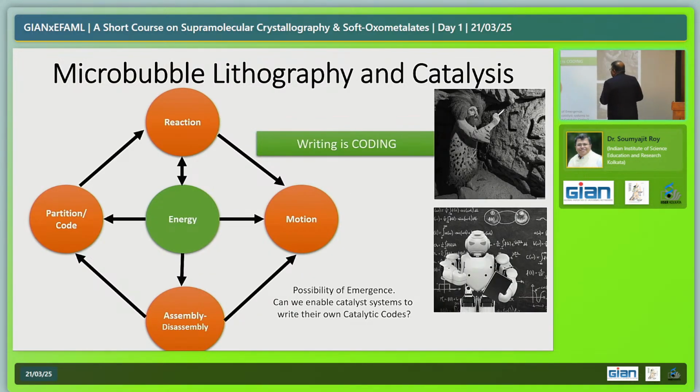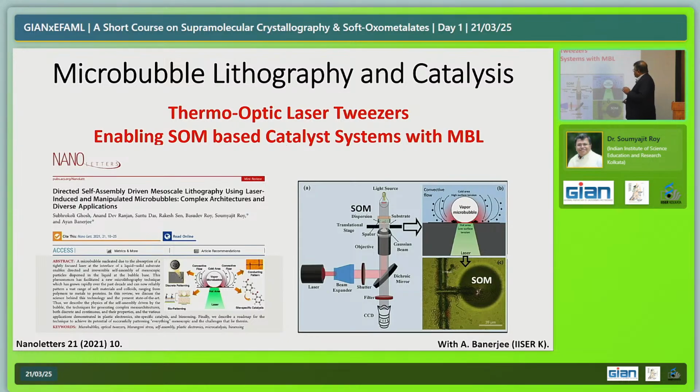So now here writing is coding, and we would like to create the codes by means of creating partitions in there. And we would like the catalyst systems to be able to write their own partitions, their own codes in there. So this is how it looks like.